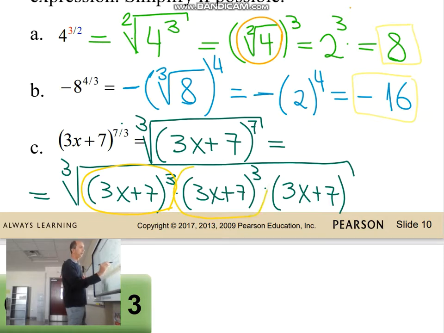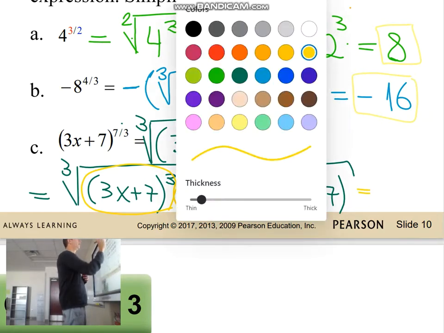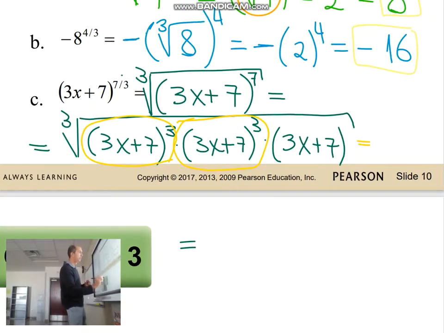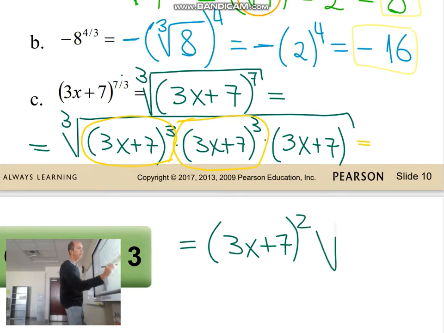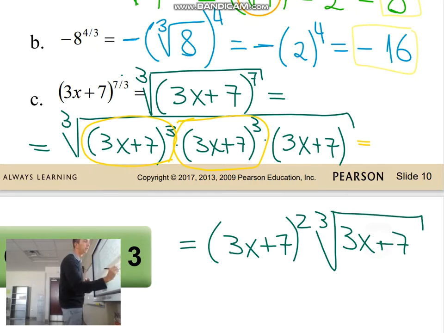This we can simplify, we can remove from the roots, and then we will have (3x plus 7) squared times cube root of 3x plus 7. Okay, this is the answer.